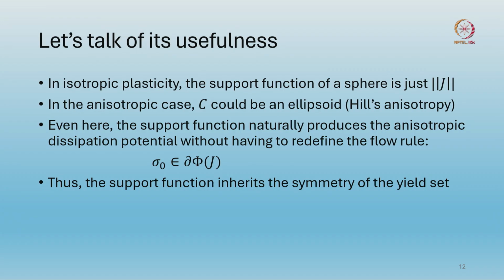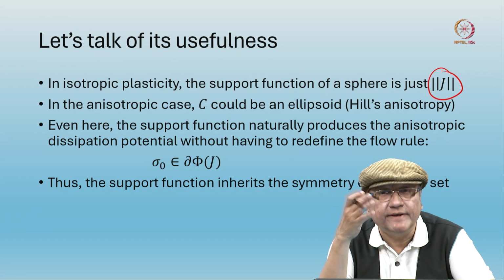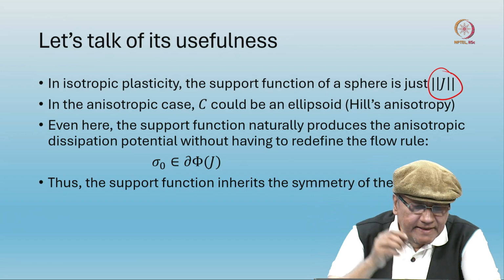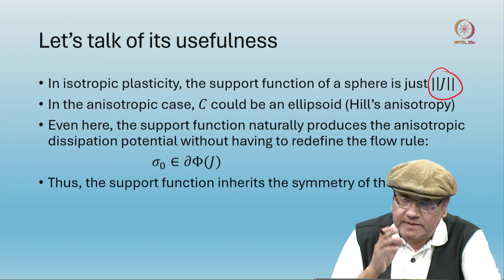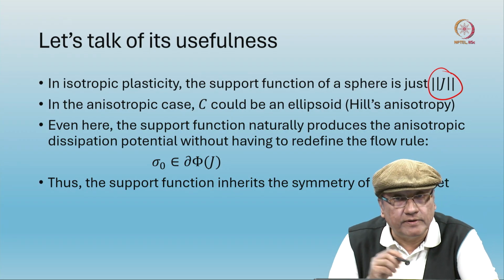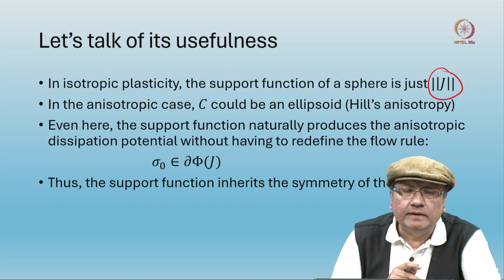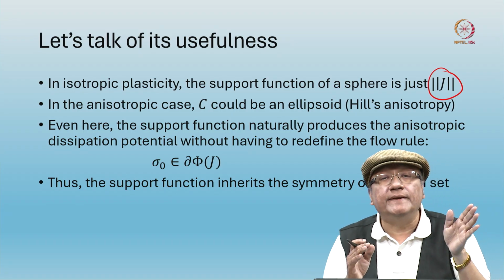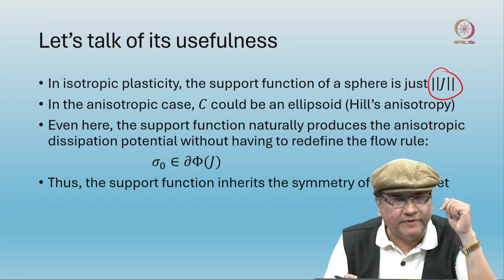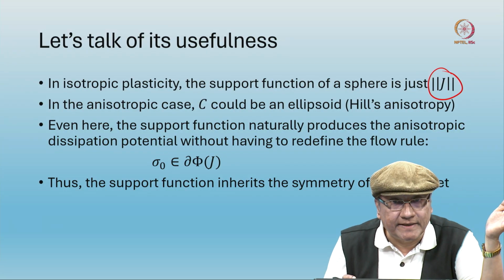Anyway, let us talk of the usefulness of this entire approach. In isotropic plasticity, the support function of a sphere is just the norm of J, the radius of the sphere. In the anisotropic case, that is more interesting, Hill's anisotropic for example, in which sigma y could be dependent on the direction in which the flow is occurring, not the same in all directions.